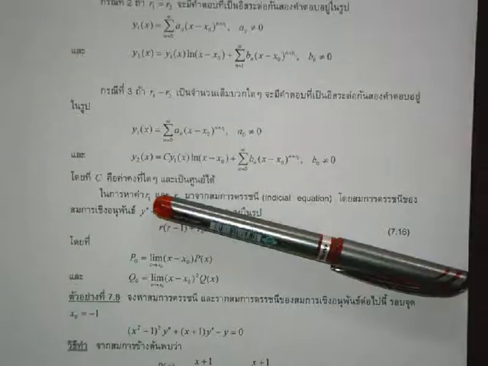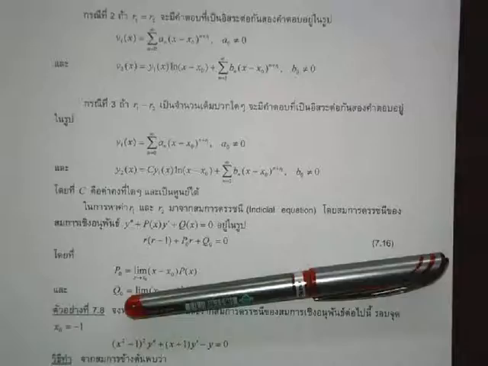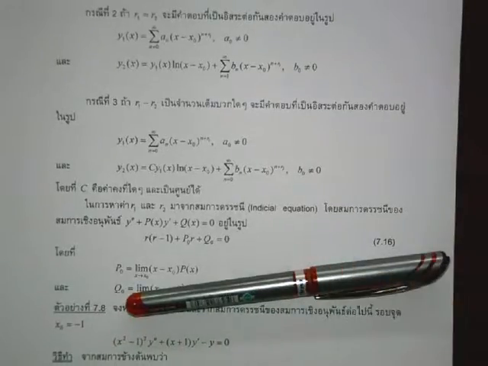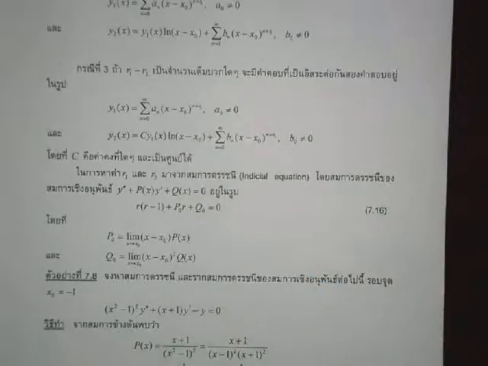And then case 3. Case 3 says that the difference between r1 and r2 has to be a positive integer. If it is a positive integer, it's going to be in case 3. Case 3 says that y1 is equal to the summation of an times (x minus x0) to the power n plus r1.